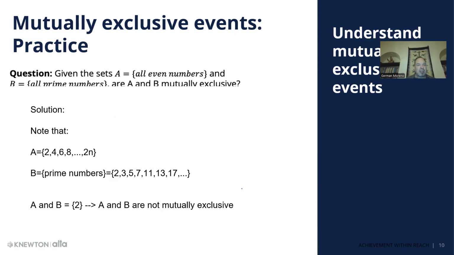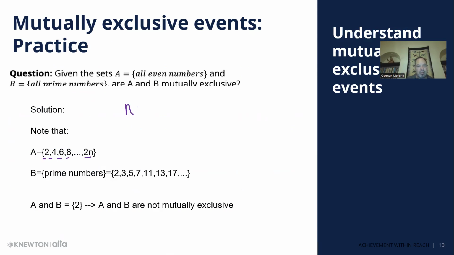Given the sets, A is all even numbers and B is all prime numbers, are A and B mutually exclusive? So the evens are pretty easy to just list. It says 2n.